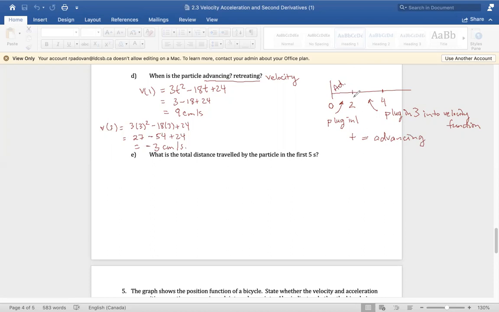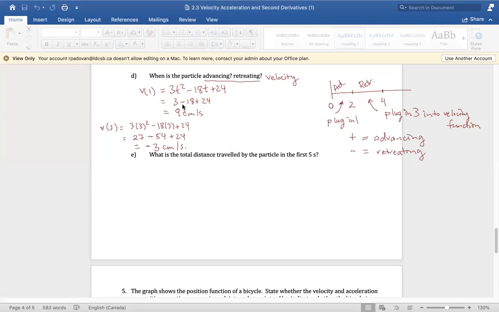Between 2 and 4, at a value of 3, I'm negative, which means I'm retreating, or moving to the left horizontally along the line. So here I'm retreating in between, and at 2 and at 4, I'm not moving. Let's compare this to your graph and then figure out how we want to write this out.